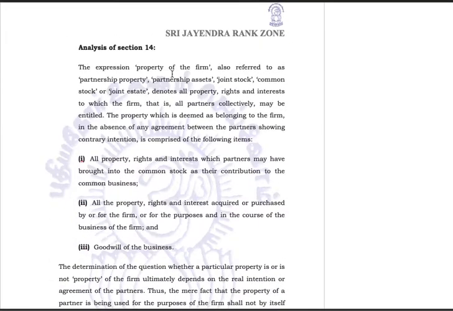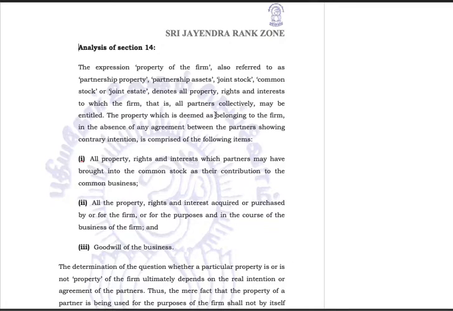The expression property of the firm, also referred to as partnership property, partnership assets, joint stock, common stock, joint estate, are some of the other names of partnership property. It denotes all property, rights, and interest to which the firm, that is, all partners collectively, may be entitled.